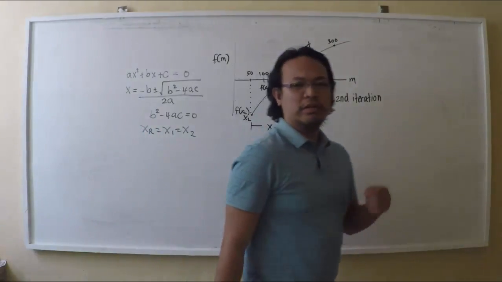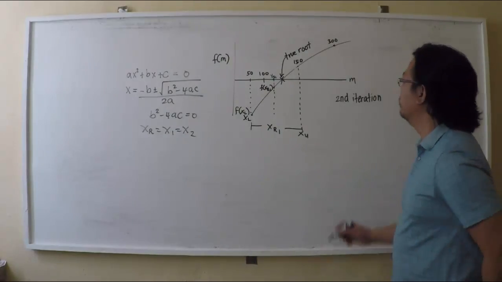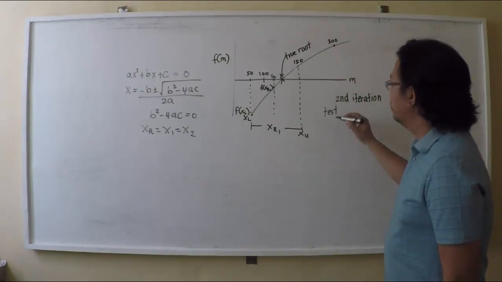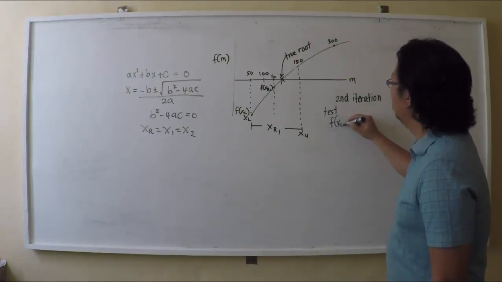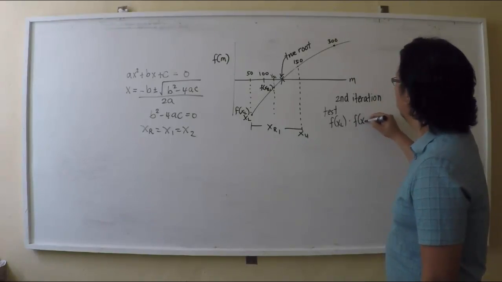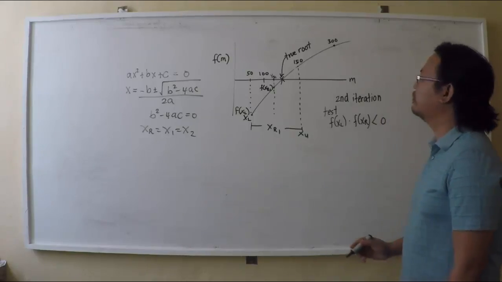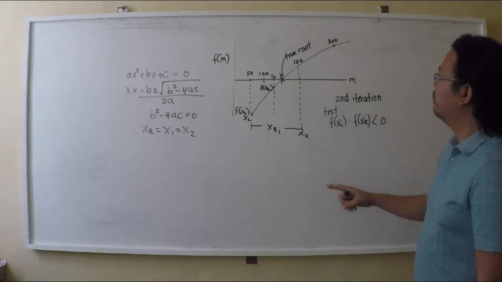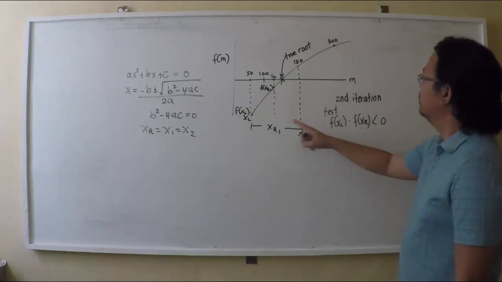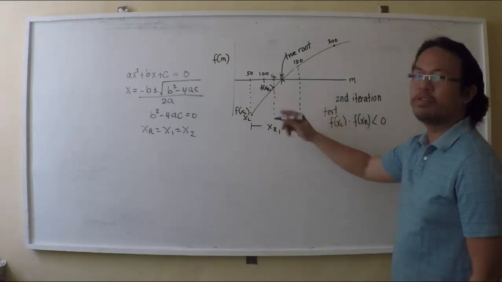So there is a test that we will follow in order to know when we are going to change the boundary. The test is: f of xl times f of xr, is this less than 0? If you multiply these two, f of xl here is negative, f of xr1 here is negative also, that is positive.